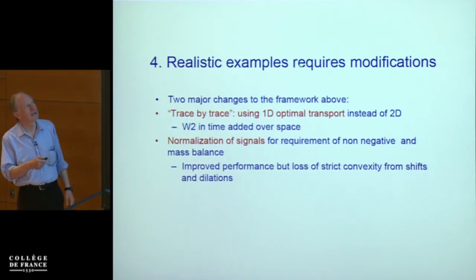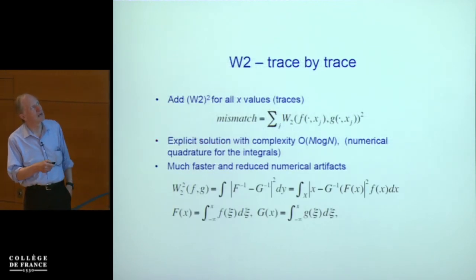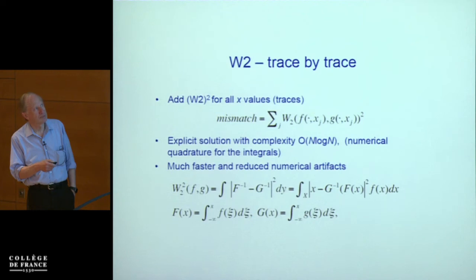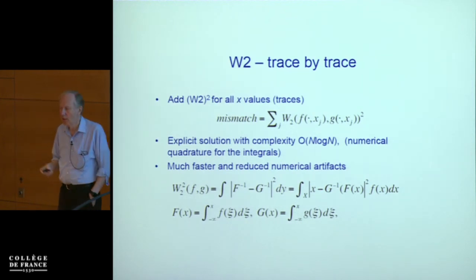So that is a dilemma in there. So we'll take one at a time. So the mismatch would be to only do the distance in the time direction for a fixed x location, a fixed point on the surface, and compare, and then you square and add them up in this case. So this was B, and then you can use the explicit solution.